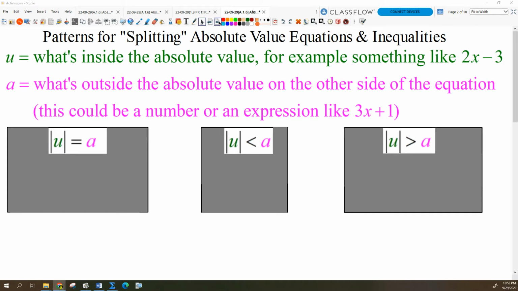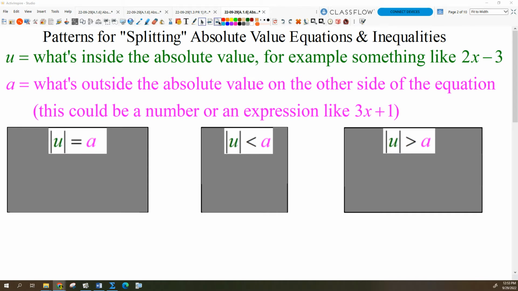Okay, so first flashcard is the absolute value of u is equal to a. So this is one we've been doing for a while. How does that split up? U just stands for, and remember, U is just what's inside the absolute values. A is the number that's outside. So how does that split?